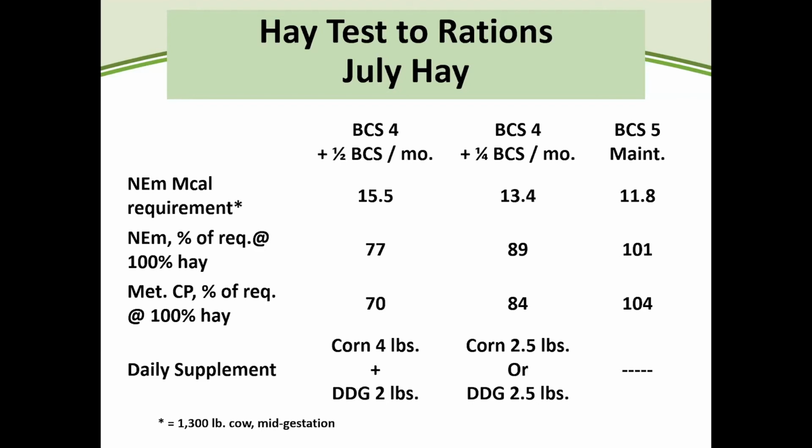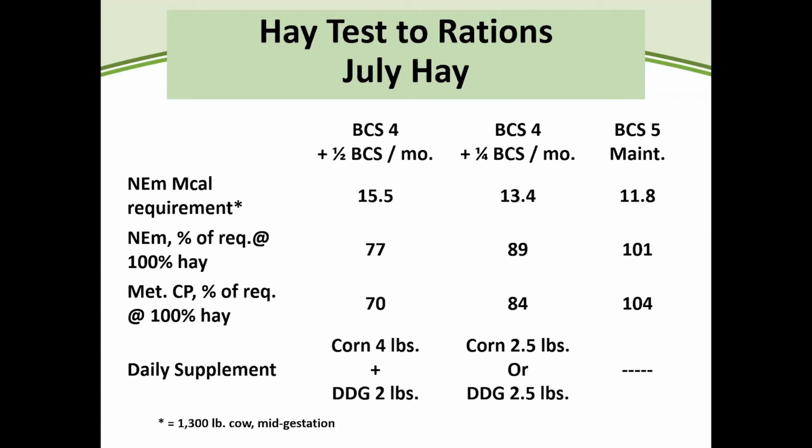And so again, the level of productivity that we're demanding at a given stage of production can have a huge impact on the amount of supplement that we may or may not need. And as we look at that poor quality hay, if our cow's in condition score 5 and maintenance, and again, just kind of hanging out and doing the cow thing, that hay is just fine, and we shouldn't need additional supplementation for that.